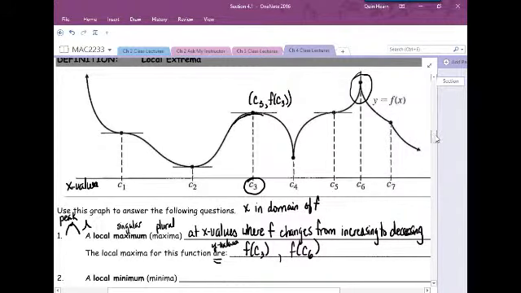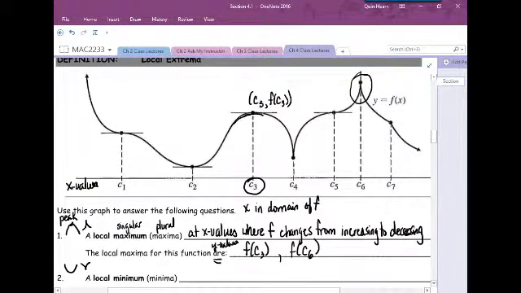Now a local minimum is defined to occur at x values where f changes from decreasing on the left to increasing. In other words, decreasing to increasing is describing a valley.